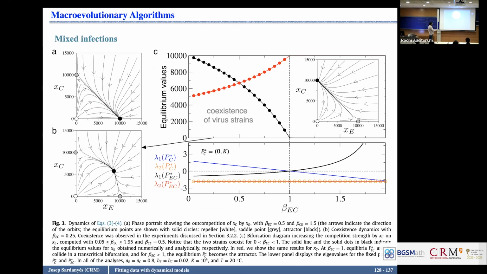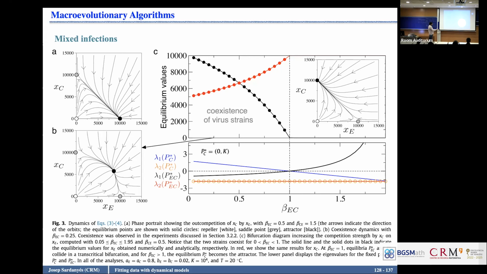So this is the numerical value computed numerically with our integrator method. And these are eigenvalues. You see that under this range, the eigenvalues of the point PEC are negative. One is constant, and the other one is negative. So here, this point is an attractor. This is why I found it numerically here.